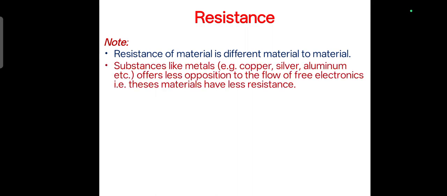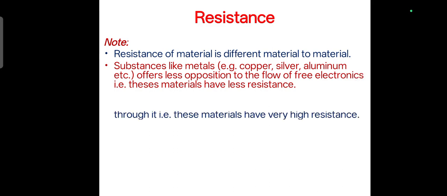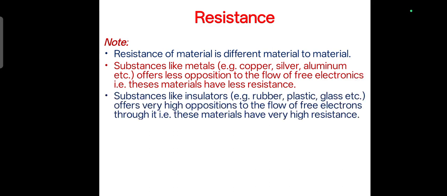First, for metals, or conductors, substances like copper, silver, and aluminum offer less opposition to the flow of free electrons, so these materials have less resistance. Second, insulators, examples being rubber, plastic, and glass, offer very high opposition to the flow of free electrons, so they have very high resistance.